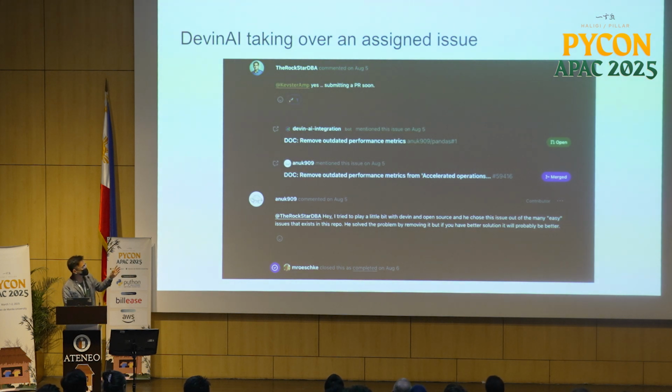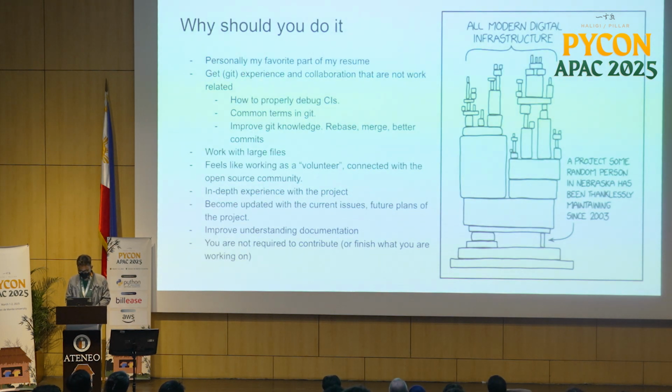And he kind of opened a PR and jokingly stole this issue from the Rockstar DBA. And I don't know, I just found this funny, since it's kind of devs getting replaced by AI in real life.